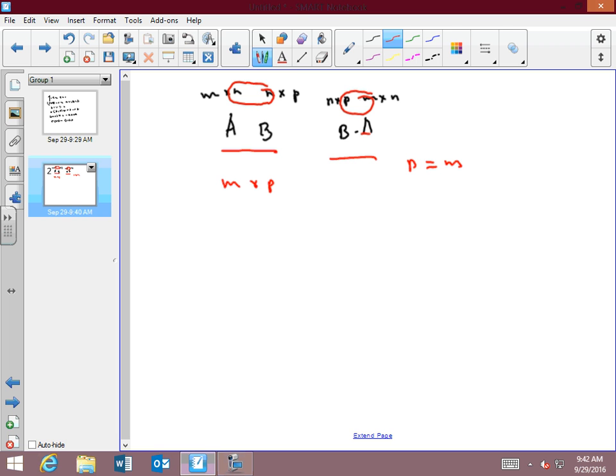And that definition is just saying that if you do a matrix multiplication A times B, it's the same as if you take the columns.